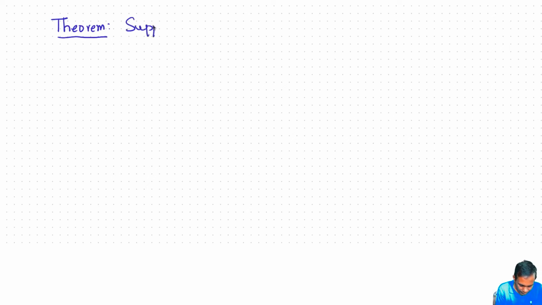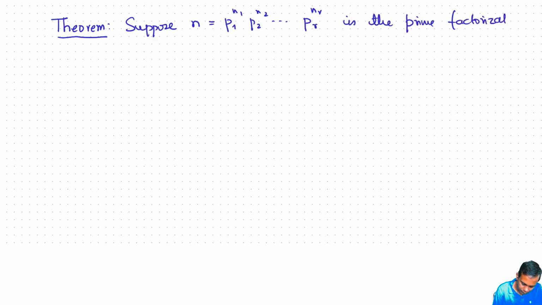Suppose n is a positive integer of the form p1 to the n1, p2 to the n2, and so on, pr to the nr, and this is the factorization into prime numbers. These are distinct primes, and these are positive integers.